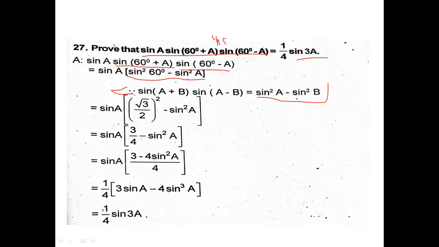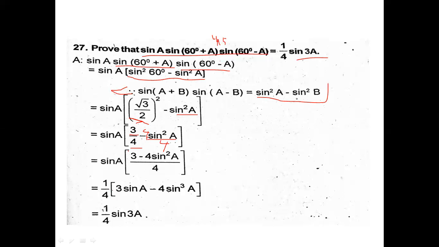Now sin 60 is root 3 by 2, so sin square 60 is root 3 square by 2 square, that is 3 by 4, and sin square a remains itself. Multiply and divide with 4 so that we can get the same denominator.